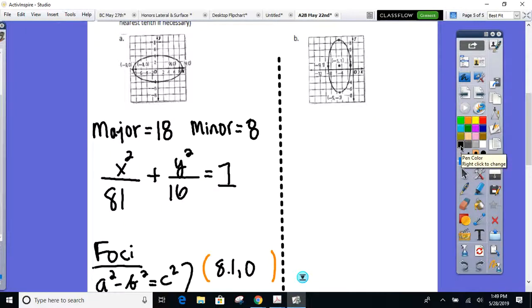Okay, now last one. It's not the origin, the center, and the major axis is now vertical. So how do I end up with the foci here? All right, so just keep counting still. Major, and I'll ask somebody for the major and the minor.